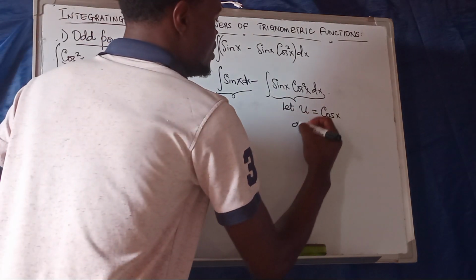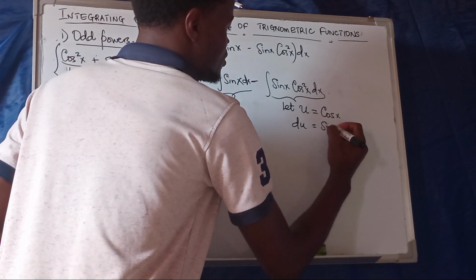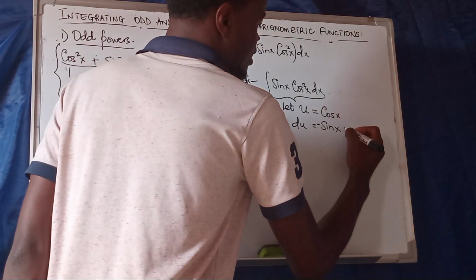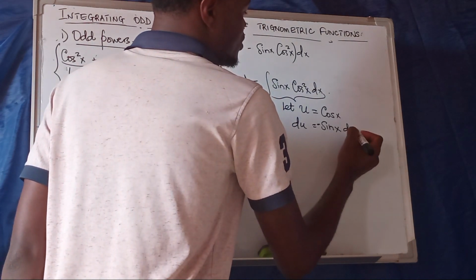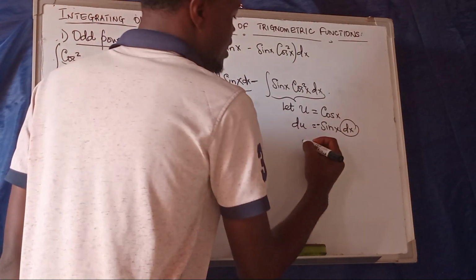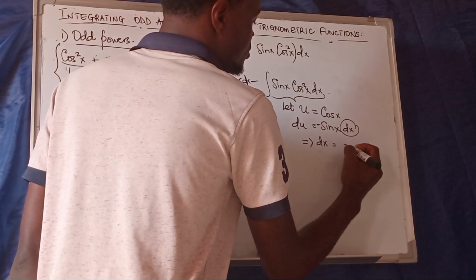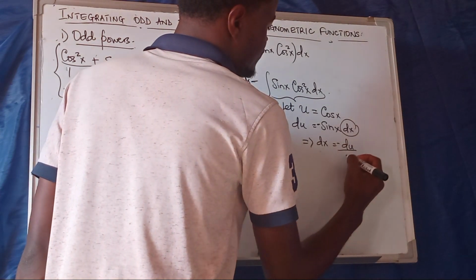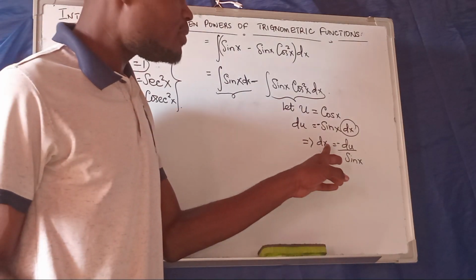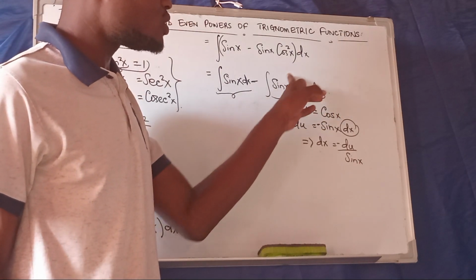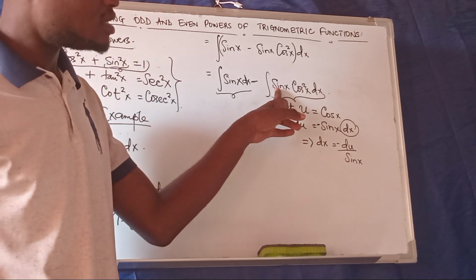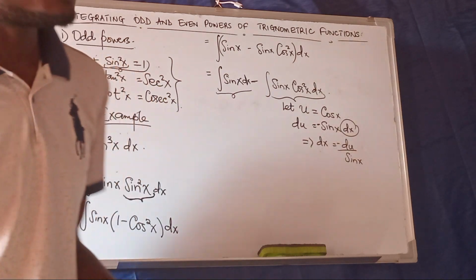So it means that du is equal to negative sine x dx. Where I have dx, I will just replace it. You will see that dx is equal to negative du over sine x, such that when I replace this dx here, the sine x that is down is going to cancel with this sine x, such that I have a very simple integral to deal with.